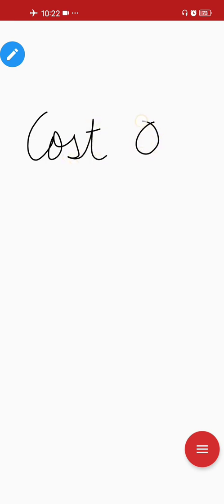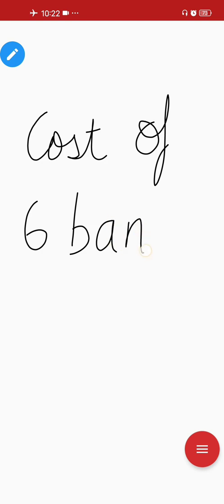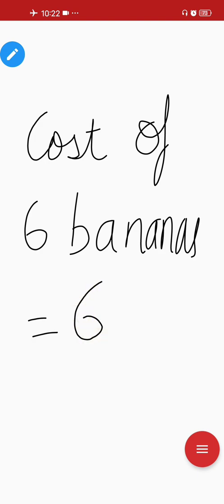So the cost of 6 bananas is equal to 6 bananas, and we have found out the cost of one banana is rupees 2. So multiply by 2. 6 into 2, we are getting 12.